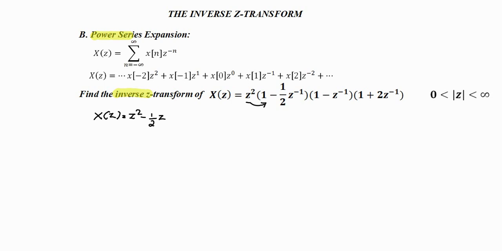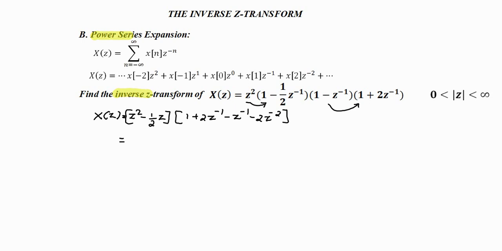We got one term. Now we can multiply these two terms. If you multiply, you can write 1 plus 2 z raised to minus 1, and if you multiply with the second term, it becomes minus z raised to minus 1 minus 2 z raised to minus 2. So now we got again two terms. Again we can multiply this.